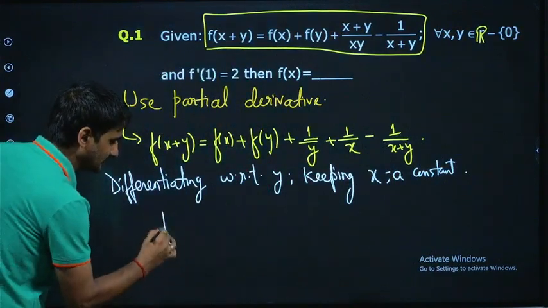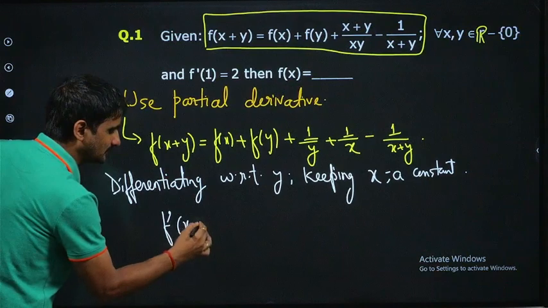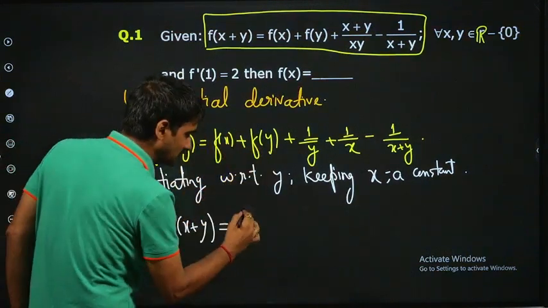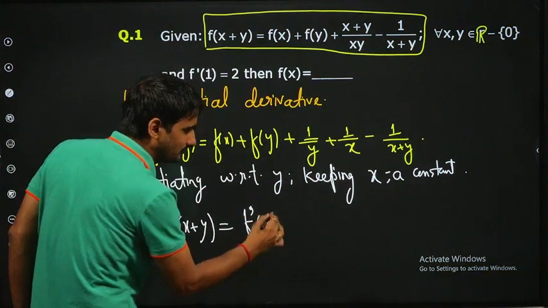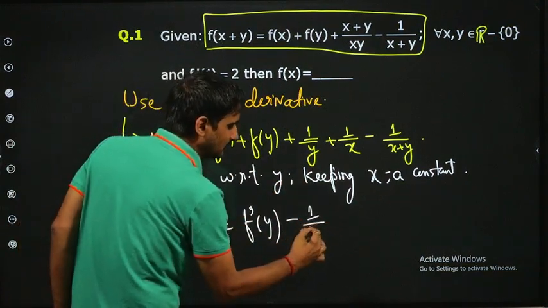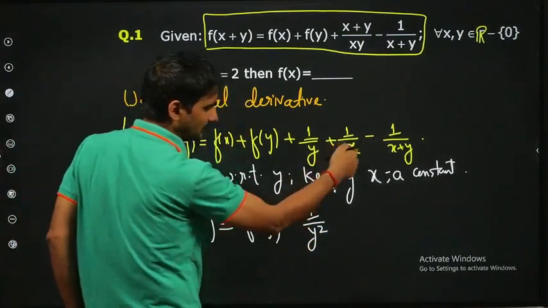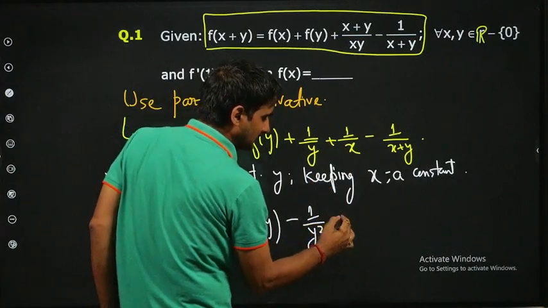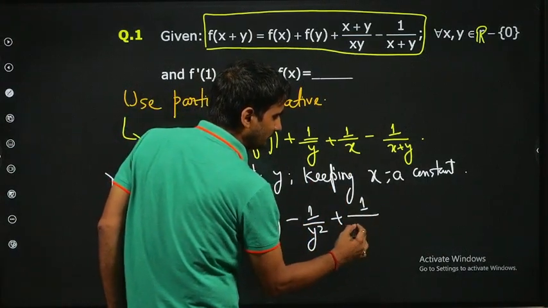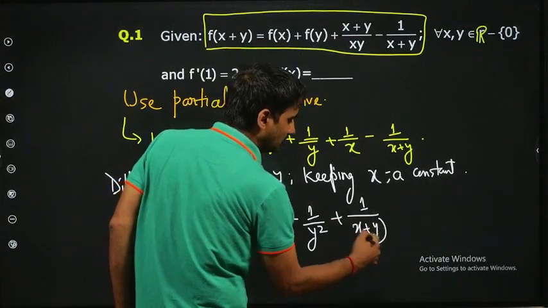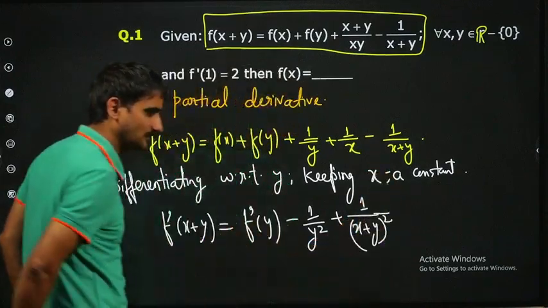So we get its derivative: f dash of x plus y is equal to, so that's a constant, so this is gone, f dash of y minus 1 over y square, and then this is also gone, and then this is plus 1 over x plus y whole square. That's what we get.